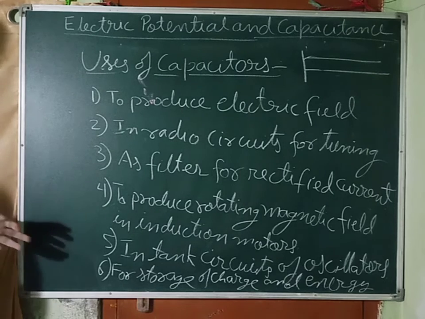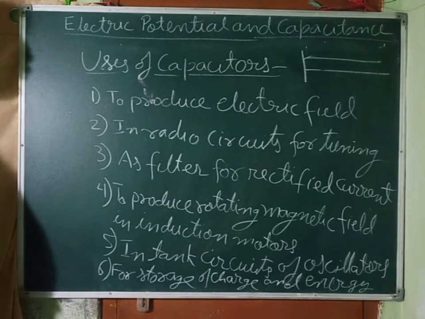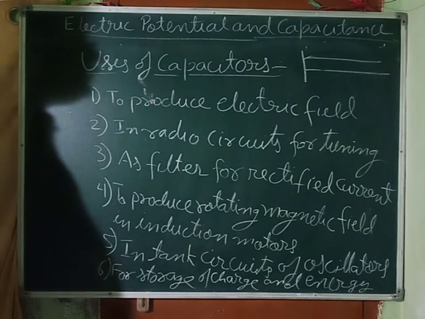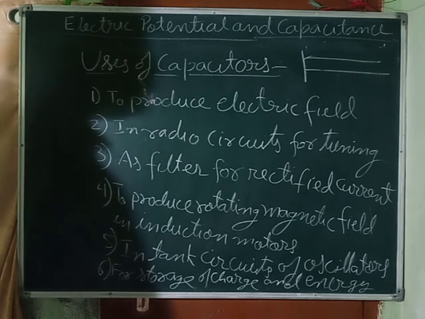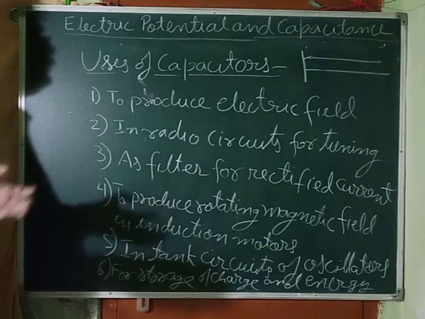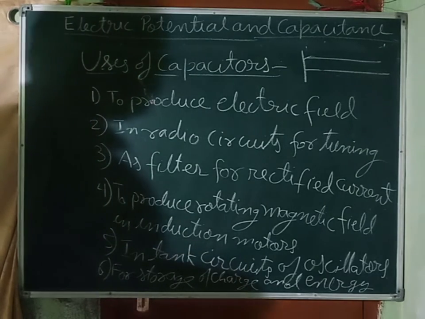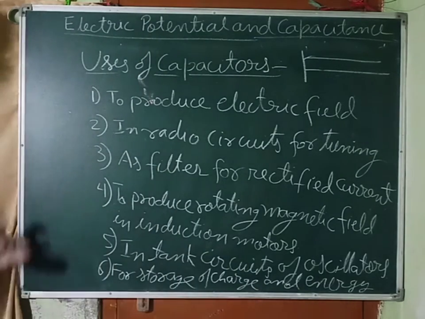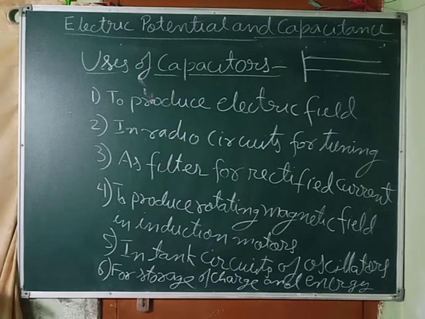Now, the last one that you know very well, it is used for storage of charge and energy both, because it stores the charge on its plates as well as energy in the medium between its plates. So these are the 6 uses of it. Got it? Okay, just note it down.